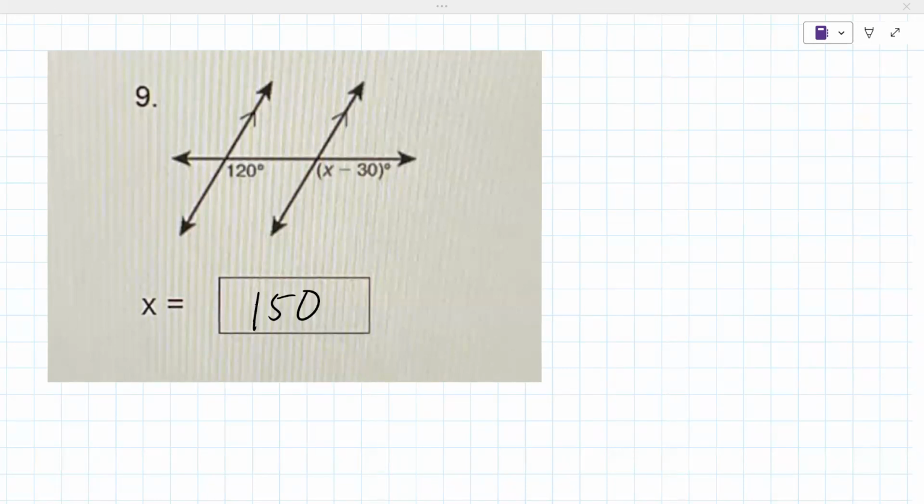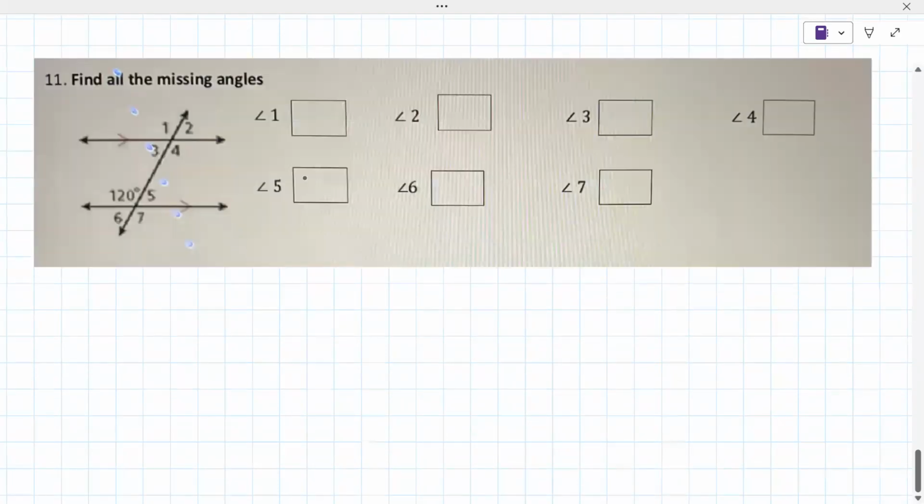Actually, 12 is the one that's kind of what I was envisioning, where they make you state all the theorems. But for 11, we'll do 11 first. I'll give you a big hint here. The answers to all of these are either 120 or 60.